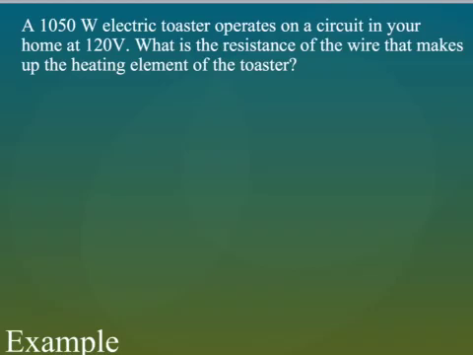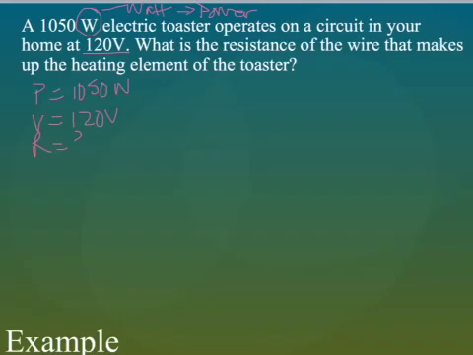Watts is a unit of power, so review that if you need to. So P is equal to 1050 watts, and we've got 120 volts, so that's V for voltage, our potential difference. And it's asking us for resistance.